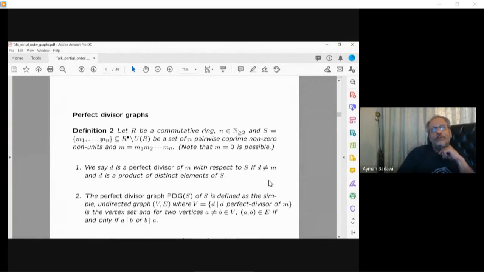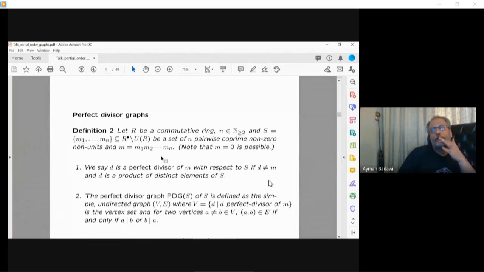And these elements that you choose in the set need to be co-prime. What do I mean by co-prime? Meaning, like, the ideal generated by M1 R plus M2 R is equal to R itself. All of them are co-prime.